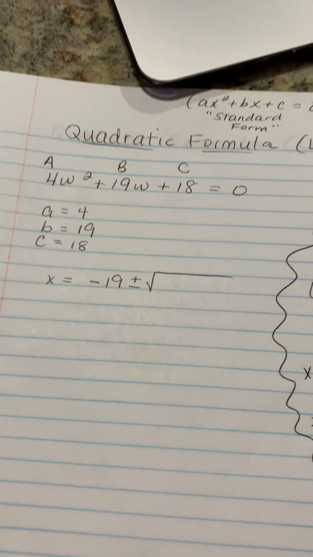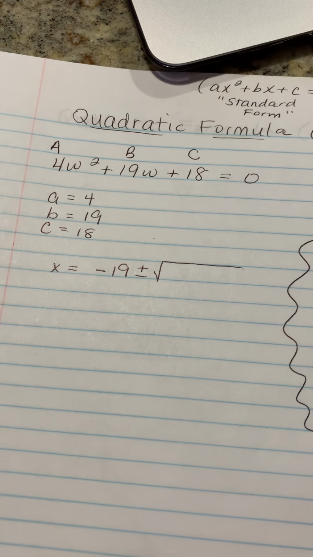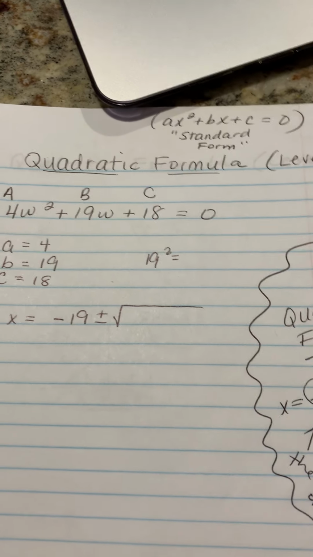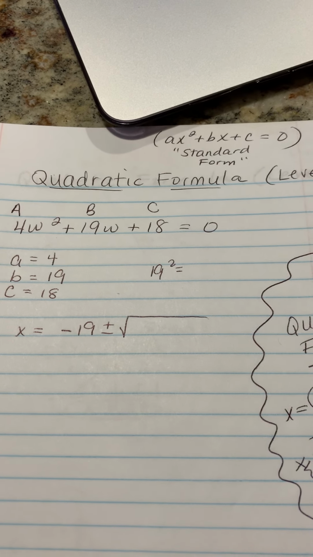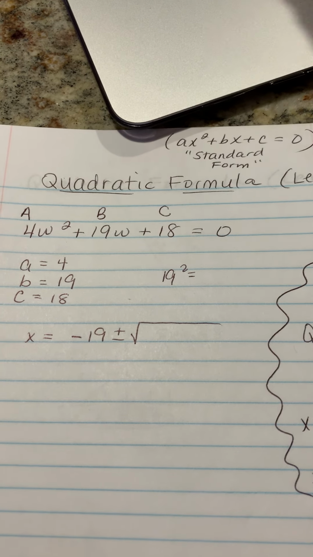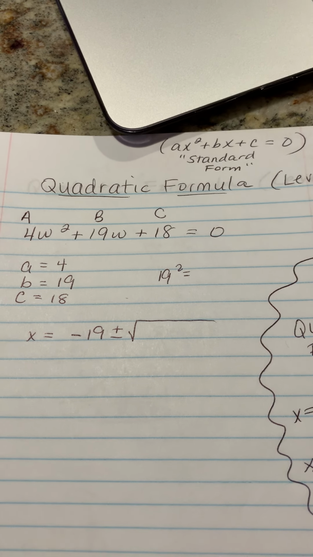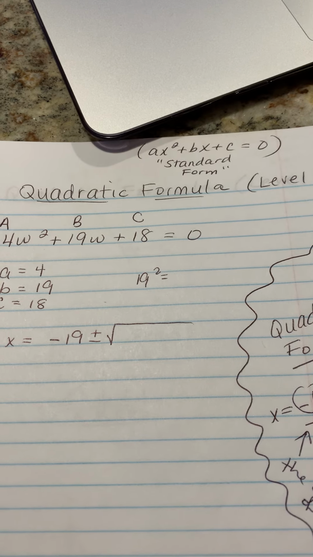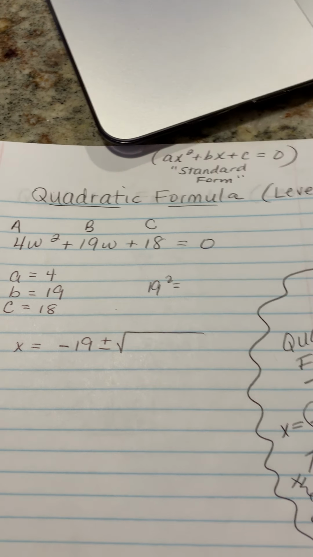Let's start with b squared. B squared would be 19 squared. 19 squared would be what, guys? 19 times 19, not 19 times 2, 19 times 19. So that would give us 361.